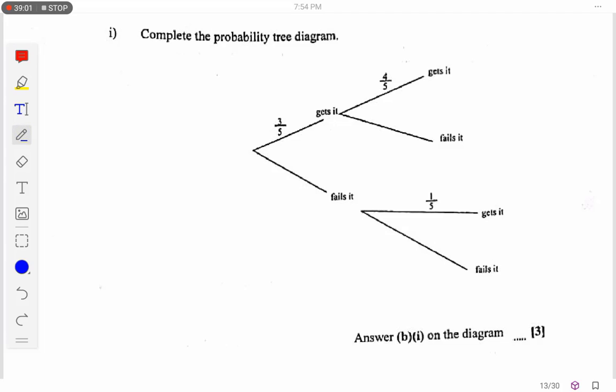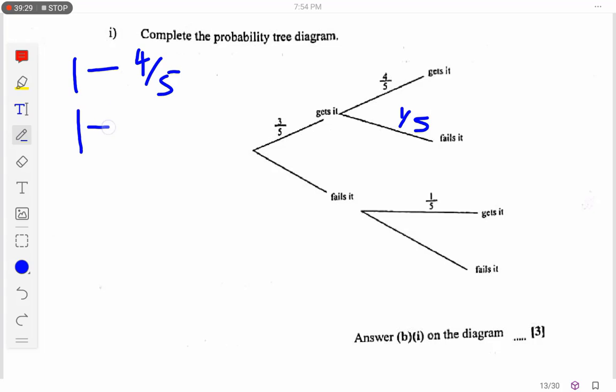The first question is saying we have to complete this tree diagram. So the probability of this first one is completed. If the person gets it correct, when they are going to fail, basically total probability is 1. So I can say 1 minus 4/5, which is going to be 1/5 there. Then for this one it is the same thing. Total probability is 1.